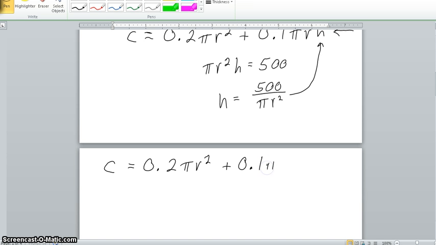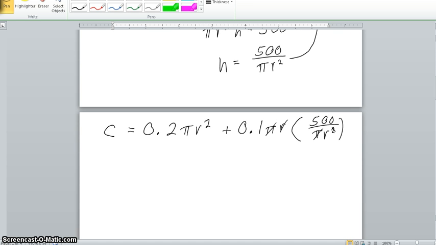So we'd have pi r times now 500 over pi r squared. So some things will go away here. This pi and this pi will cancel. This r will cancel out with one of those r's. And so what's left?